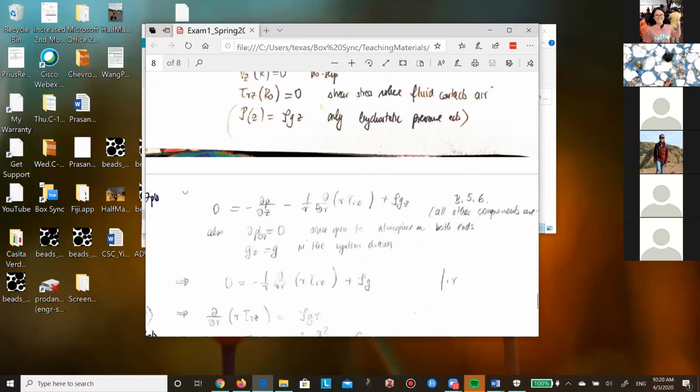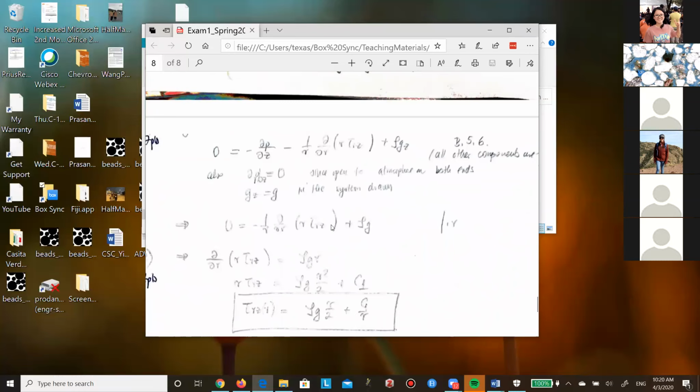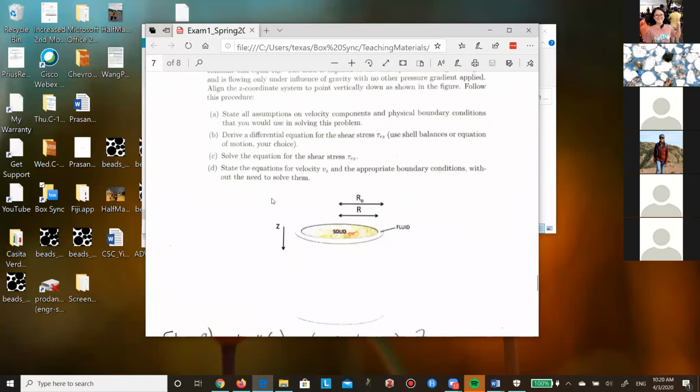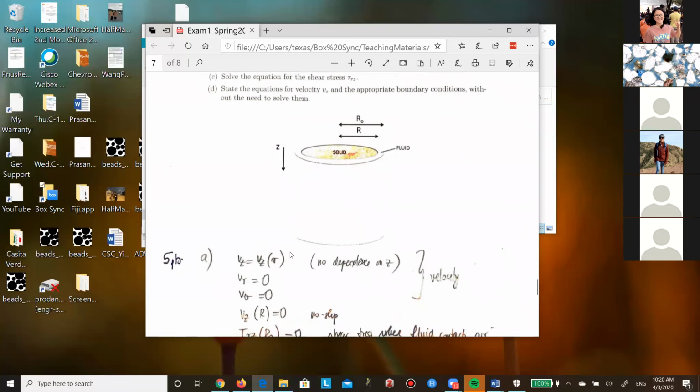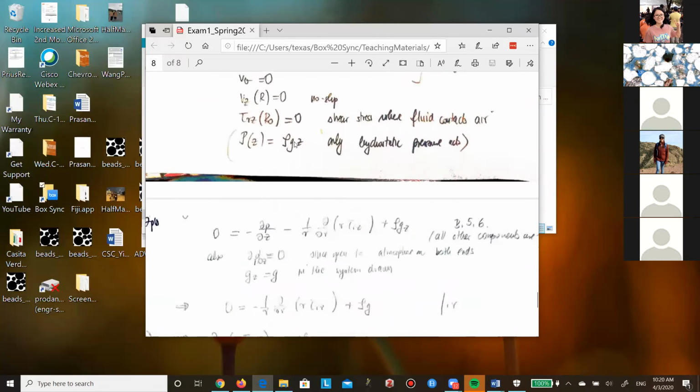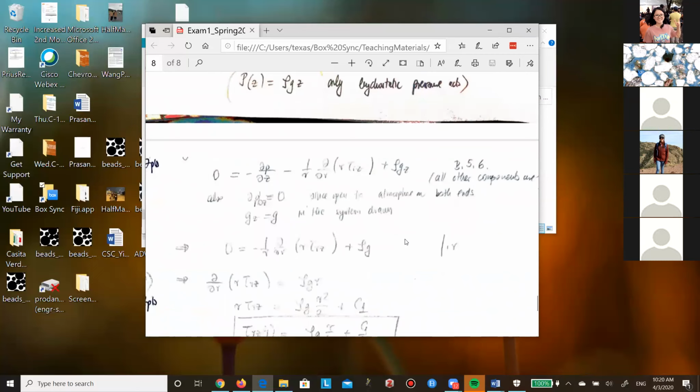So the only thing left is really 0 equals minus 1 over r d/dr of r tau rz plus rho g. This gz in this particular coordinate system is equal to gravity. If I oriented this z direction upwards, then it would be minus g. That's just a matter of how I'm orienting the system.